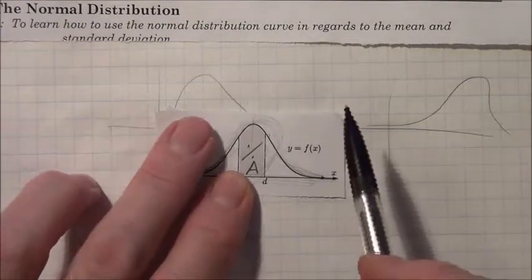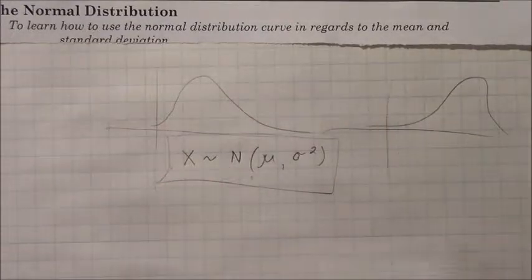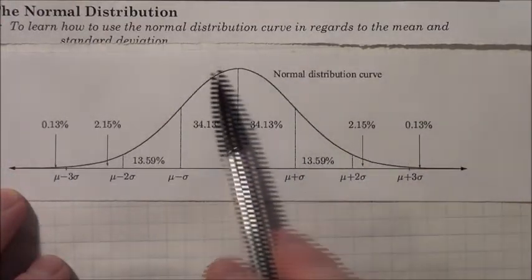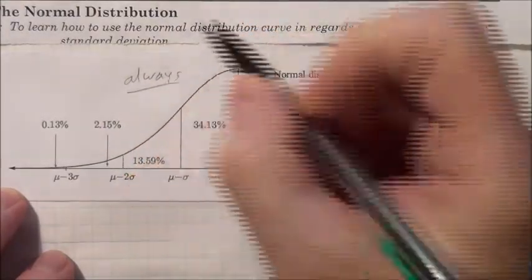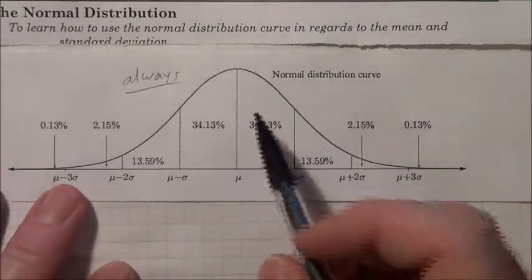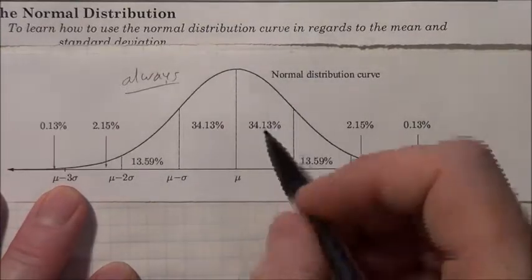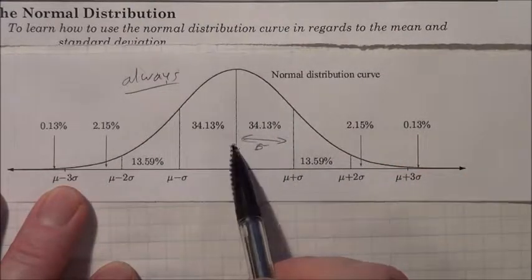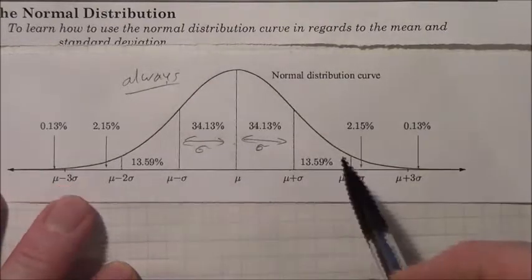Now, one other thing we need to be aware of is that the normal distribution curve is always made up of these percentages. From the mean out to the next segment is one standard deviation away from the mean. This is one standard deviation from the mean on the low side.